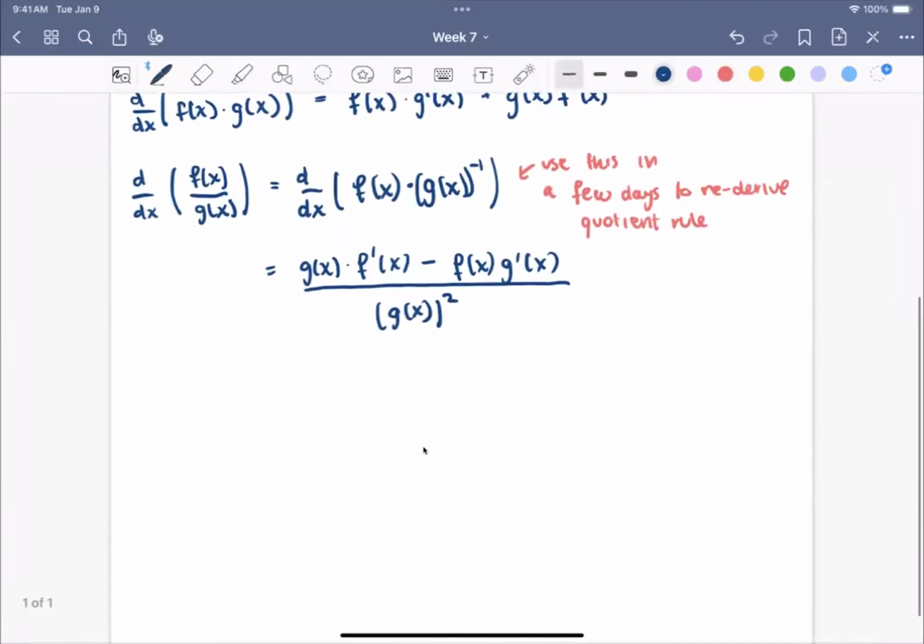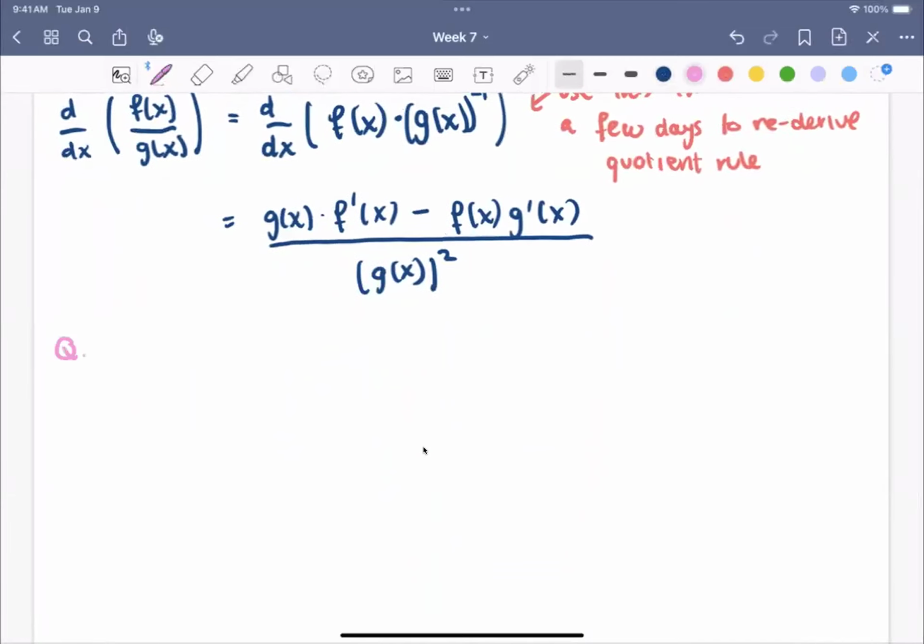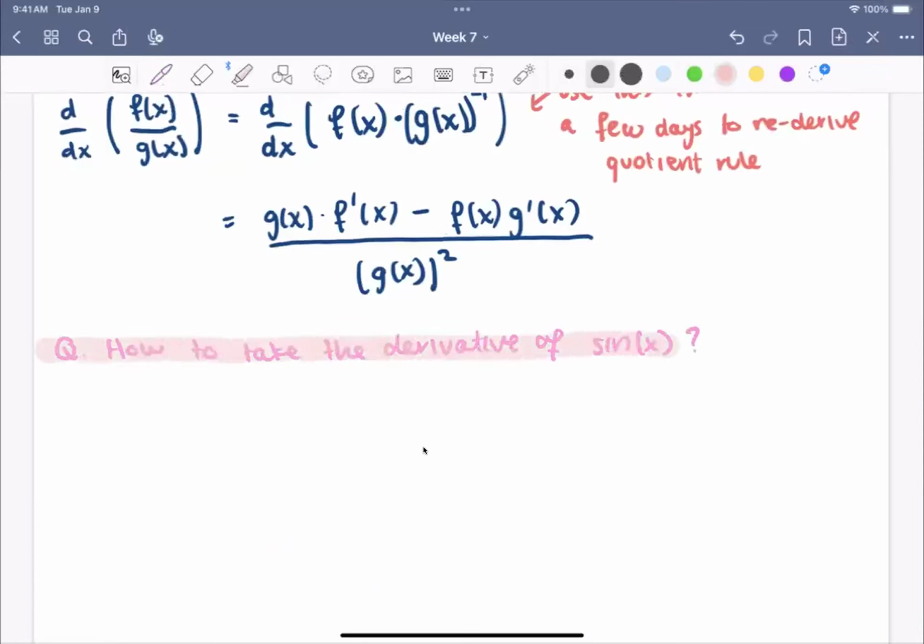So the first question that we're going to look at today is, how do you take the derivative of sine x? Okay, so that's what we're going to focus on for the first part of the lecture.